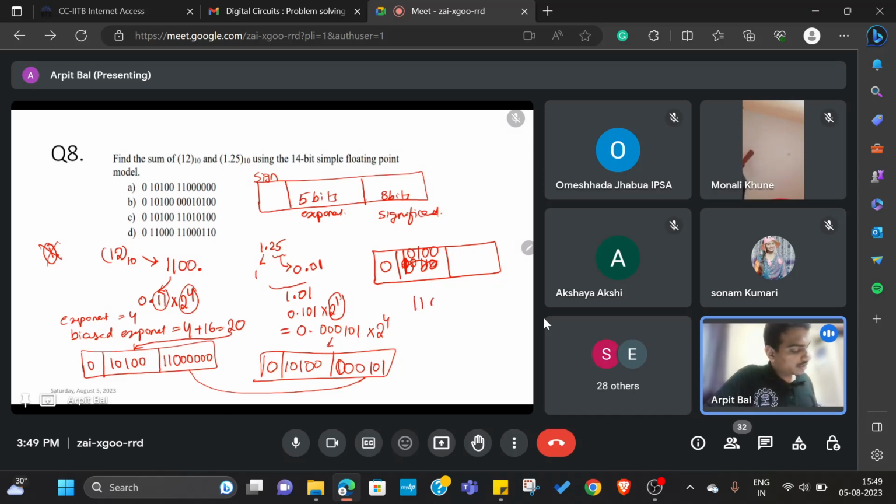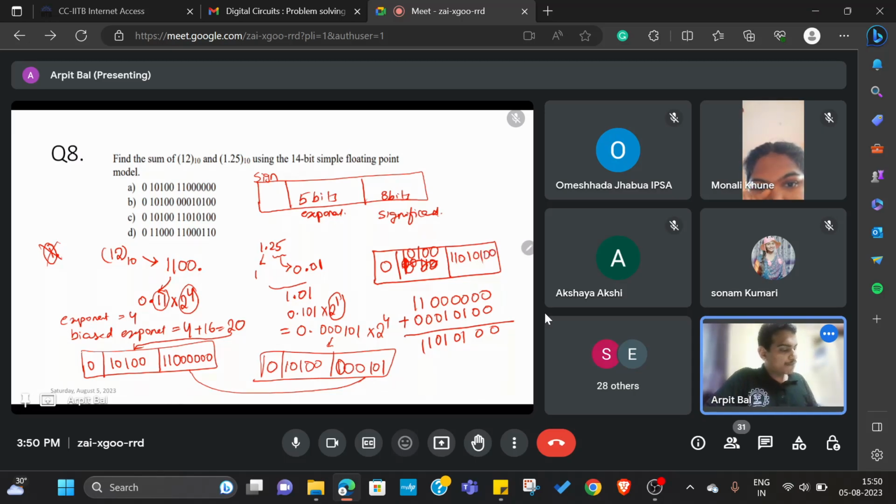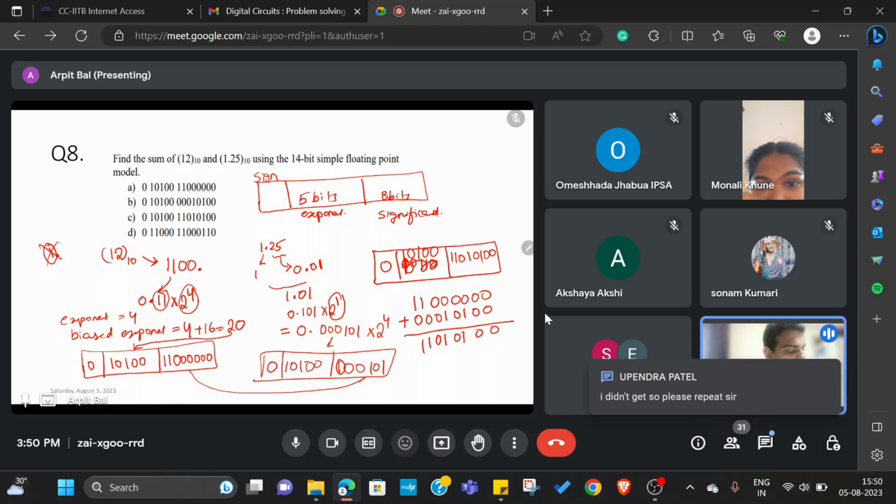It is 1 1 and 6 zeros plus 0 0 1 0 1, which gives 0 0 1 0 1 0 1 1. So the final result will be this one, 0 1 0 1 0 0 followed by the sum. Okay, sure, I'll repeat this one again.